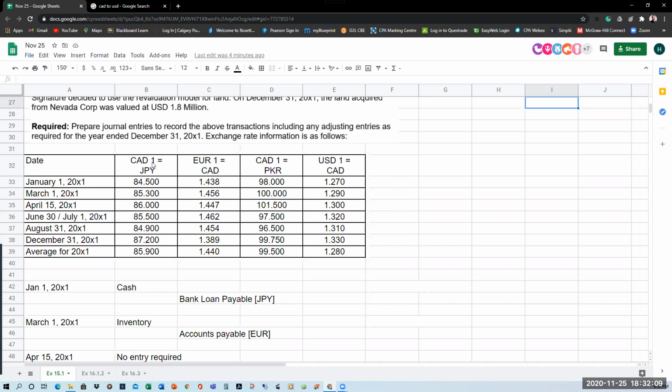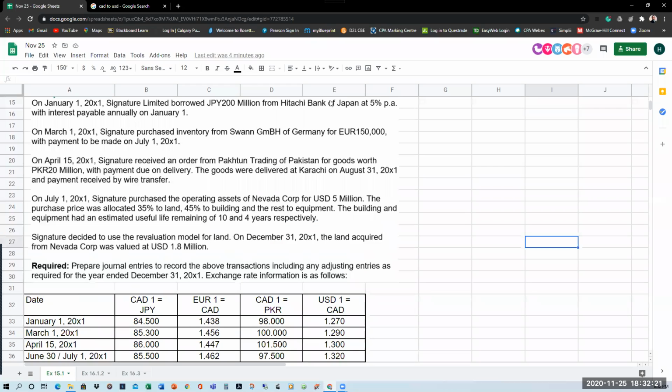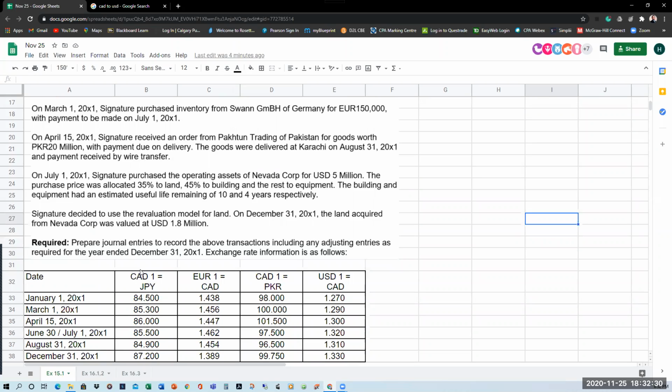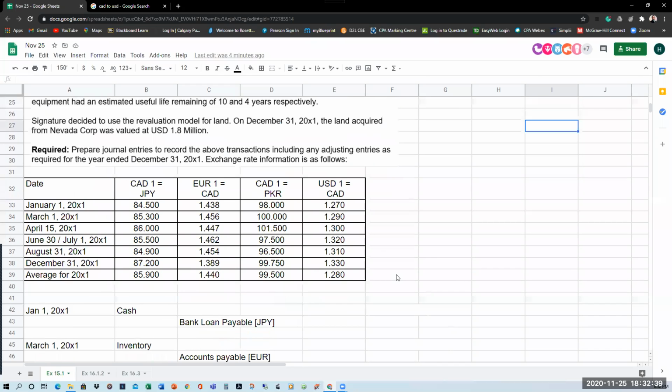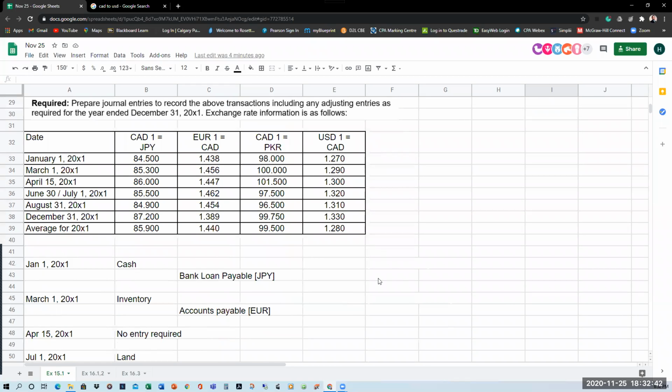If you notice, for the Canadian dollar and the Japanese yen, the exchange rate is given in terms of 1 Canadian dollar equals how many yen? So 1 Canadian dollar equals 84.5 yen, right? So if you have 200 million yen, to convert it into equivalent Canadian dollars, because 1 Canadian dollar can buy 84.5 yen, the 200 million yen converted into Canadian dollars will be equal to 200 million divided by 84.5, which was the exchange rate, by the way, on Jan 1st, 2001.